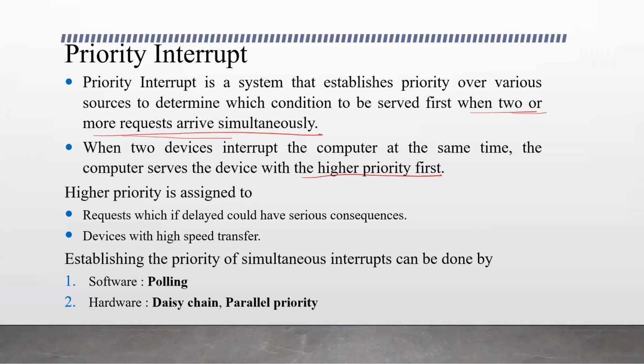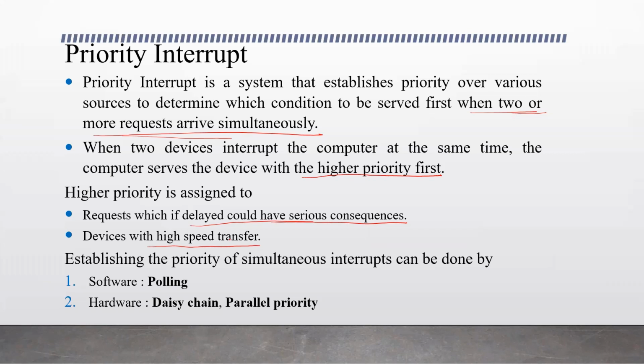Higher priority is assigned to a request which, if delayed, could have serious consequences. There may be some interrupts that need to be serviced immediately, otherwise it damages the process the CPU is doing. Or priority may be assigned to devices with high speed transfer.